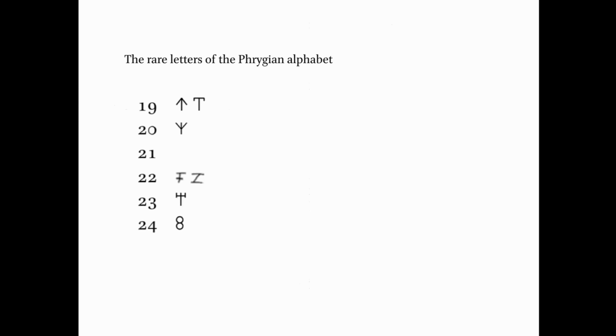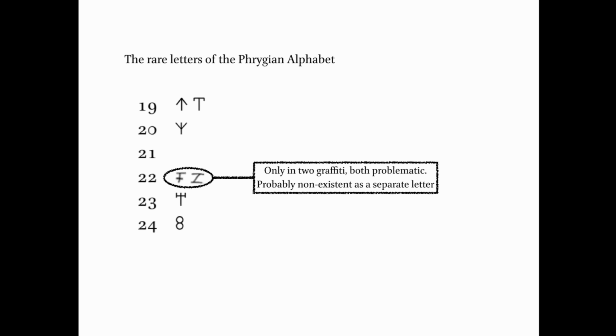One should note, however, that just enumerating these letters and representing them as such is a little bit misleading. By far not all of them are as real as some others. For example, this sign is attested only by two graffiti, and both are problematic in terms of reading.